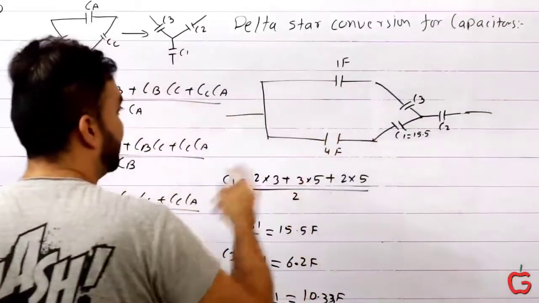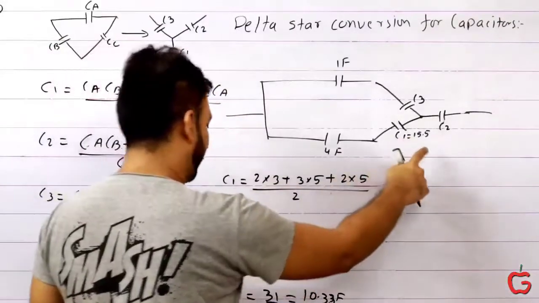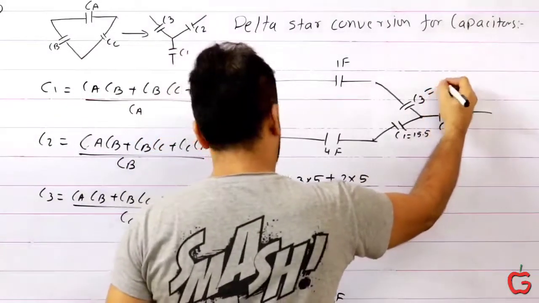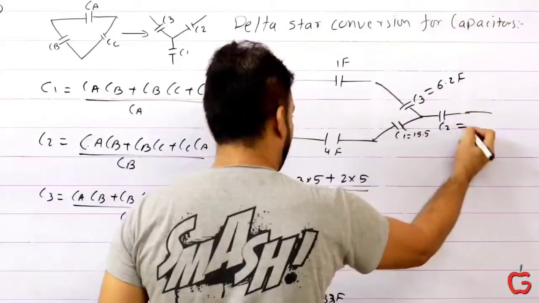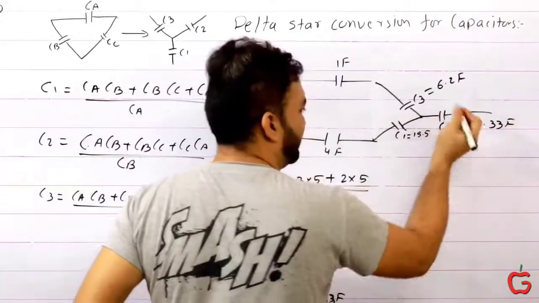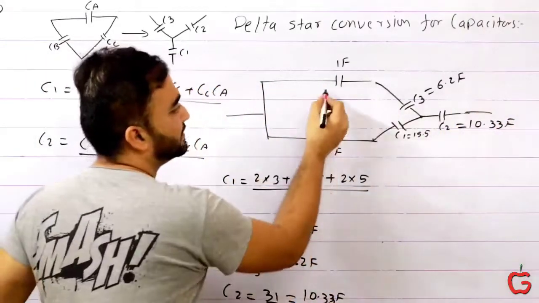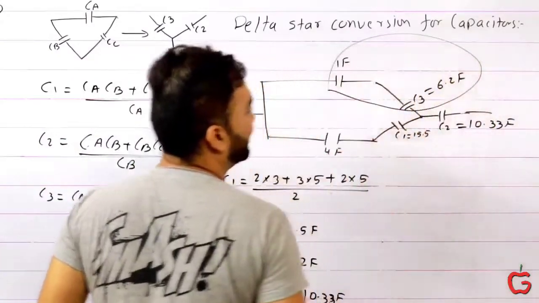So again, this has come down to a series parallel conversion, where C1 is 15.5, C3 is 6.2, and C2 is 10.33. From here it's pretty simple. You can see these are in series, 1 and 6.2.